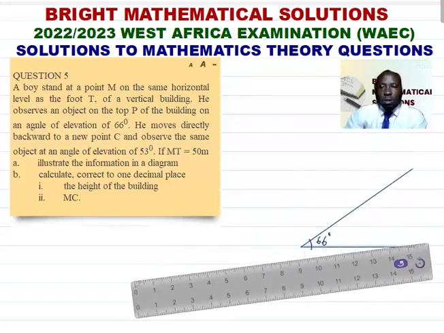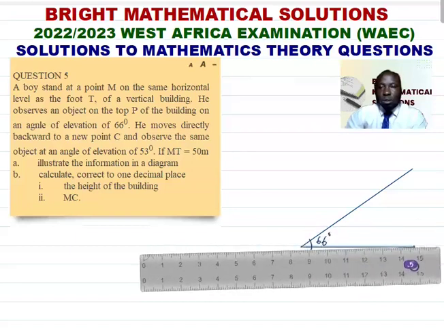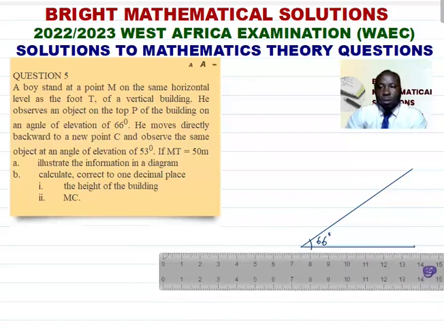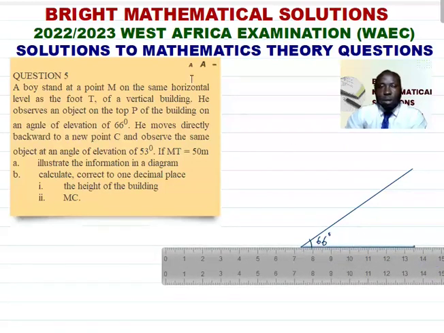Let's take our ruler back to this position. This was where he was standing before. So he now moved backward a bit, and he moved directly backward to point C and observed the same object.